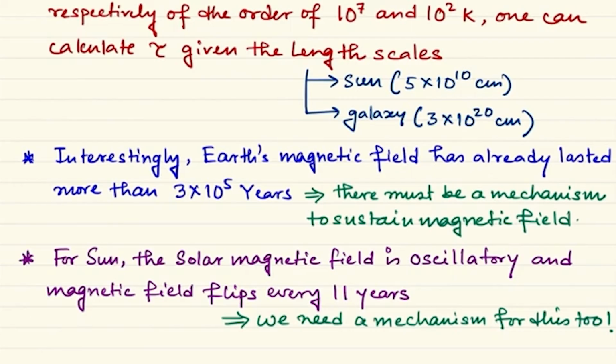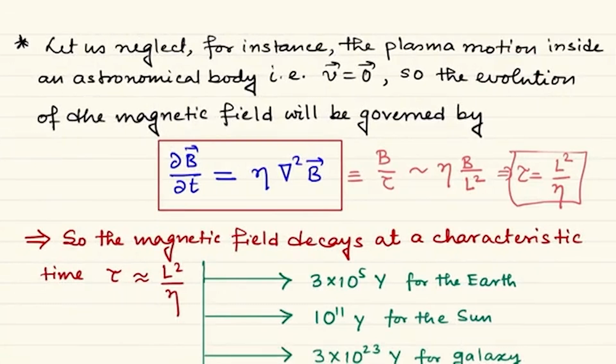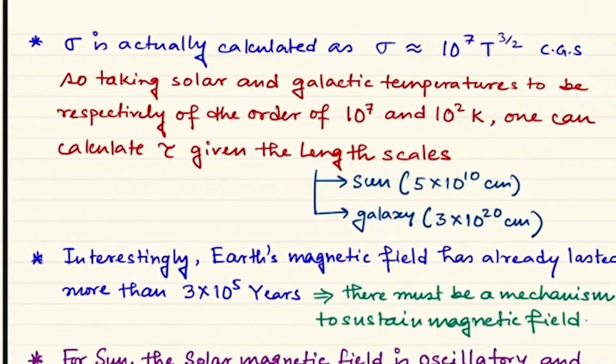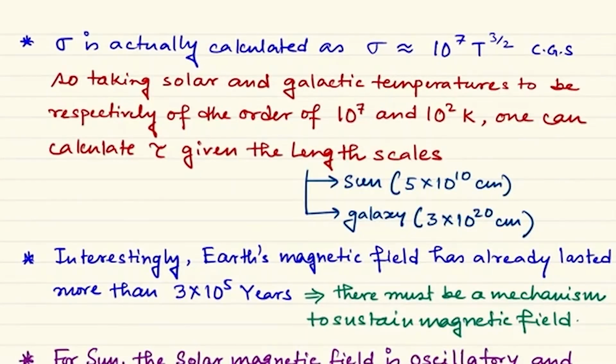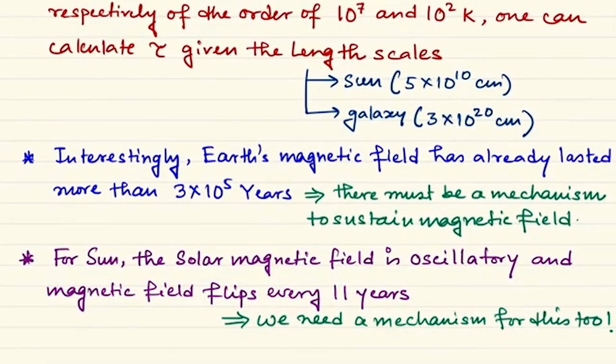That can be shown in other ways, which I am not entering into now. So this is not really following this equation. There is something in addition to this which actually counterbalances this diffusion, or the decay by diffusive effect. So there must be some mechanism to sustain the terrestrial magnetic field. So that is the first necessity.